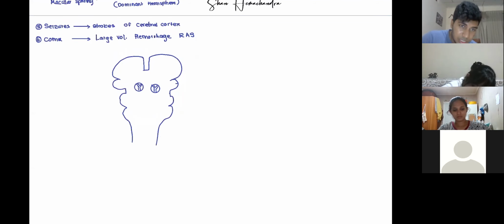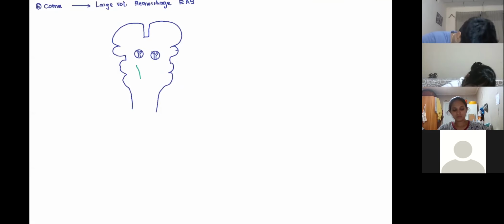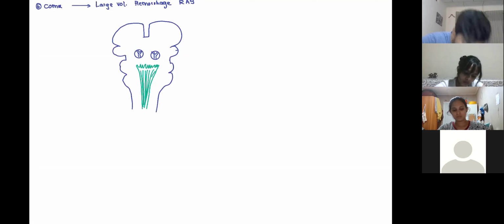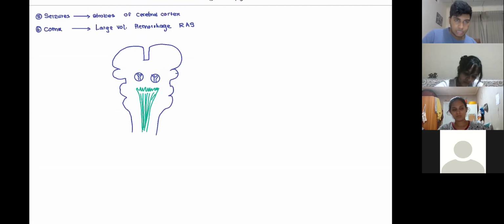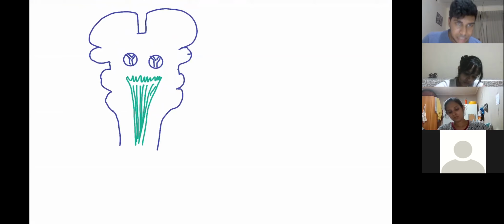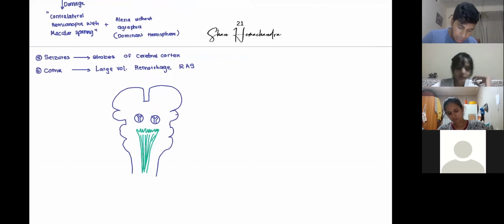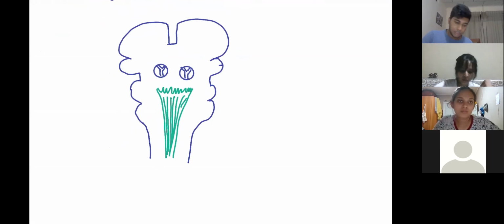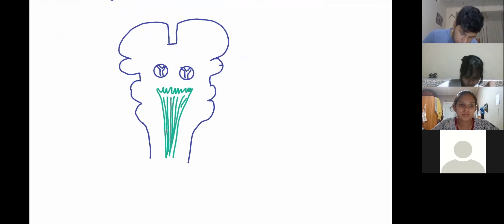And you have this sheath of nerves that are especially responsible for you being awake. It keeps you awake basically. So this is called the reticular activating system.